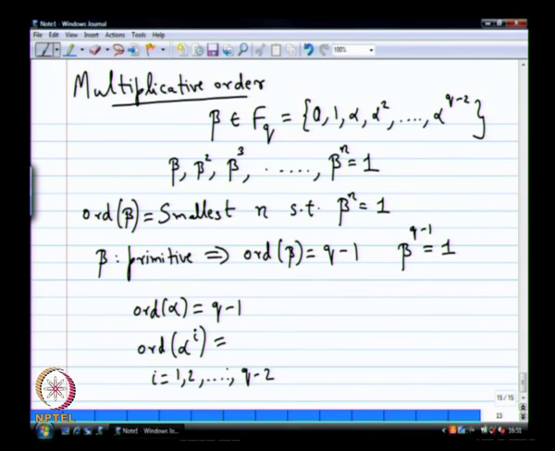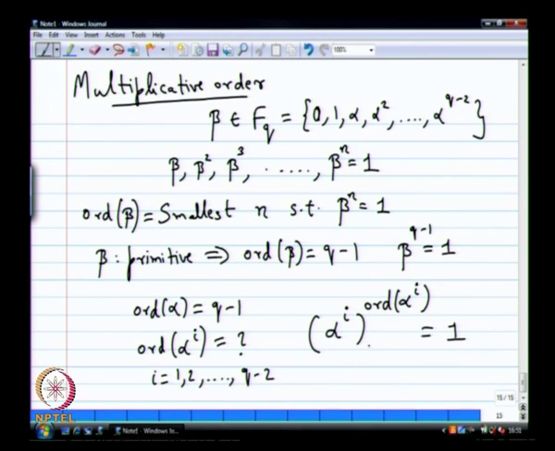What can you show that this will be? Yeah, some kind of GCD has to come in. It is very easy to see why this has to work out. Remember, if you have alpha power i raised to the power of the order of alpha power i, this is equal to 1.